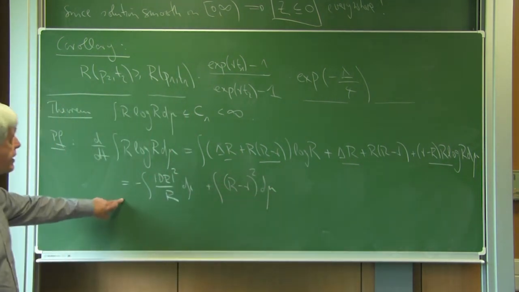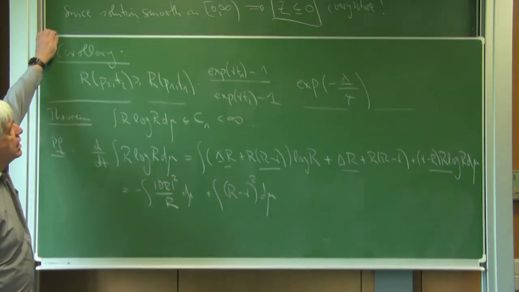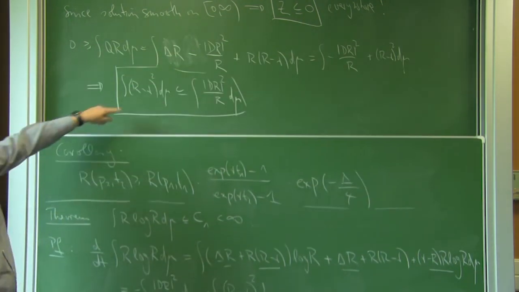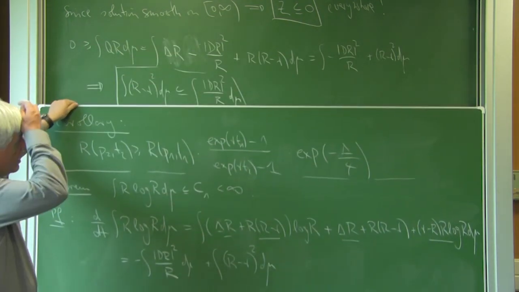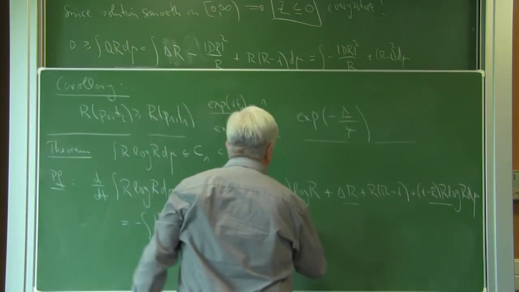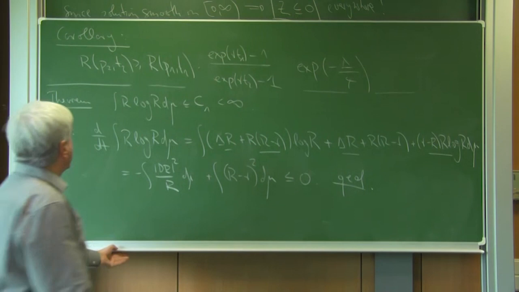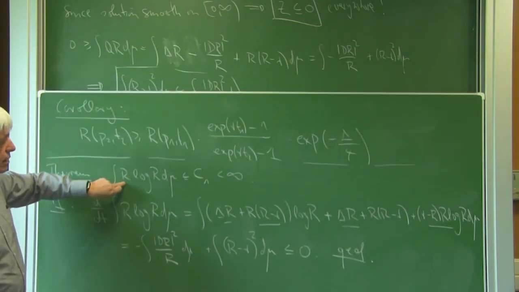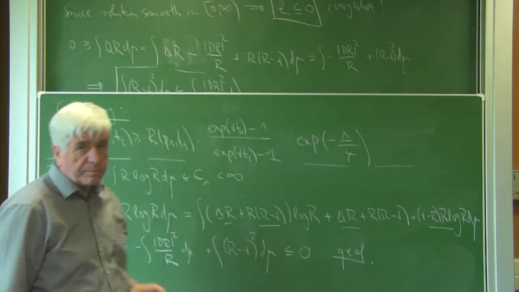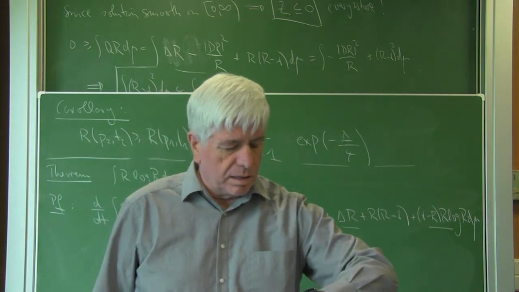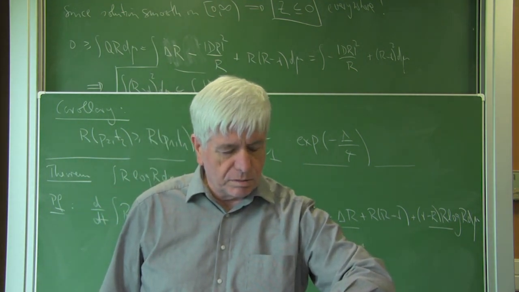But this is exactly what we just proved is less or equal to 0. So it means that this integral is bounded by its initial data. And this is a good point to interrupt.